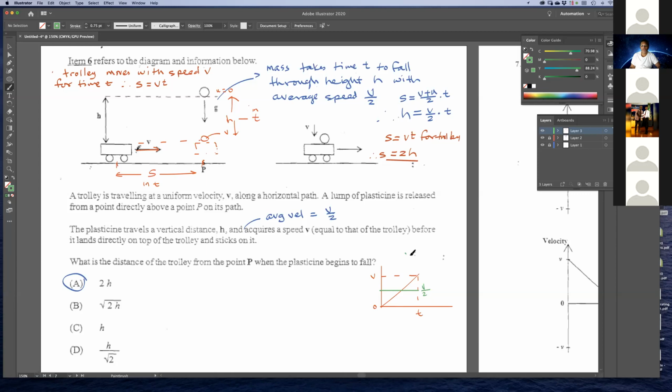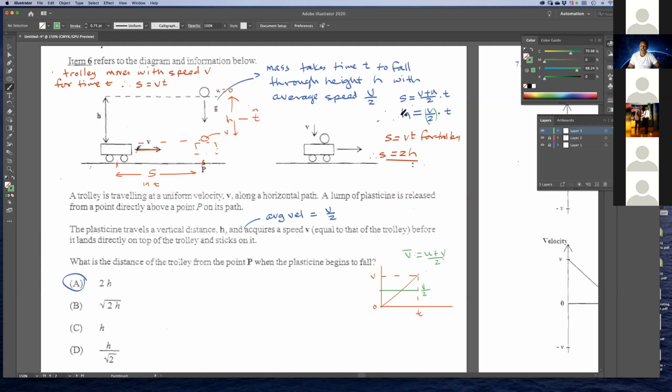We know that average velocity v bar is equal to u plus v over 2. All right? So this is the average velocity. And we know another equation: displacement s is average velocity times time. So for the plasticine that falls, s, the distance it travels, which we're calling h, is equal to the average velocity multiplied by time.